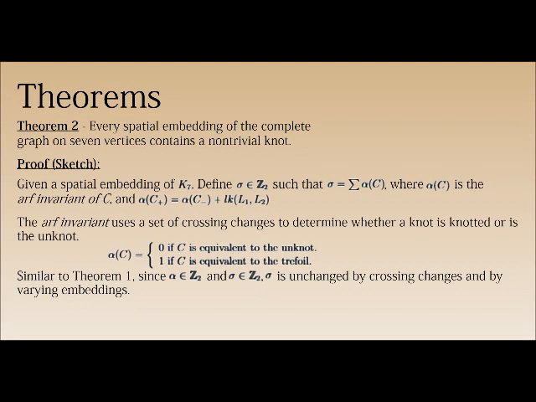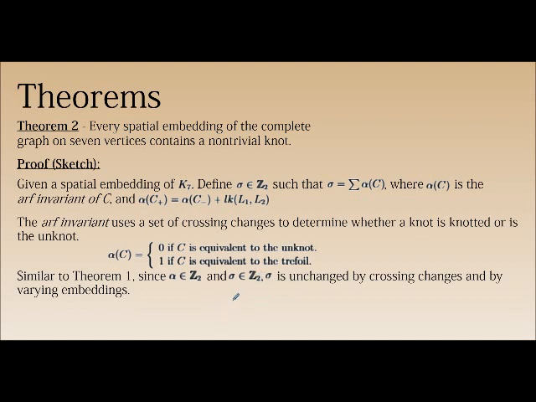But similar to Theorem 1, in our case here, sigma is taking on the role of lambda in Theorem 1, where it's in Z sub 2 and it's the sum of something. In this case, it's the sum of the ARF invariants, but the ARF invariants are also in Z sub 2. And so just like in Theorem 1, we would see that sigma is unchanged by crossing changes and by varying embeddings.